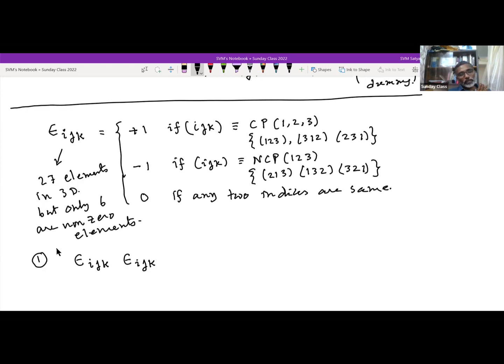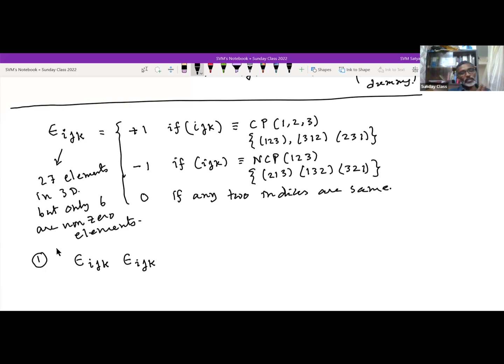Now remember, since these indices are repeated, I have to sum over all possible i's, all possible j's, all possible k's, right? But if any of i, j, k are equal, it will be 0. So I have to actually sum over only 6 elements: 1, 2, 3; 3, 1, 2; 2, 3, 1; and so on.